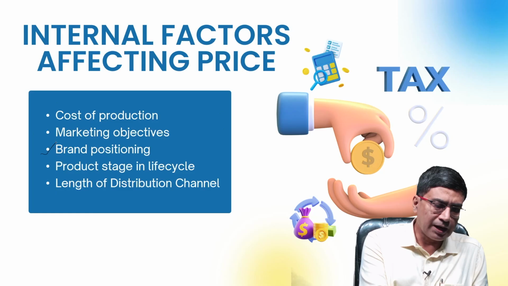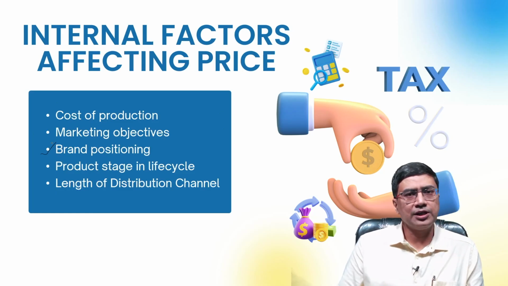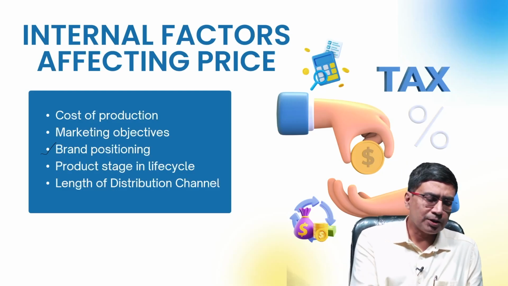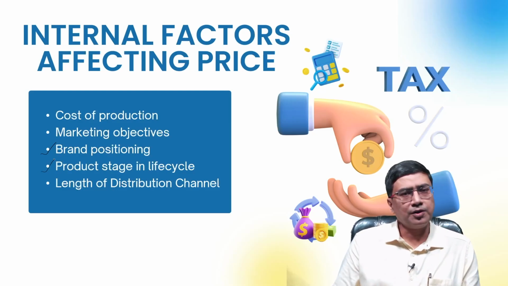Next one is brand positioning, very closely related with the marketing objectives which we already discussed: how you want to position your brand, how you want to build an impression, an image in the mind of the customer. Next one is the product's stage in the life cycle, which we already covered under the 4 product life cycle stages, whether it was or is going to be in the introduction stage, the growth stage, the maturity or decline.